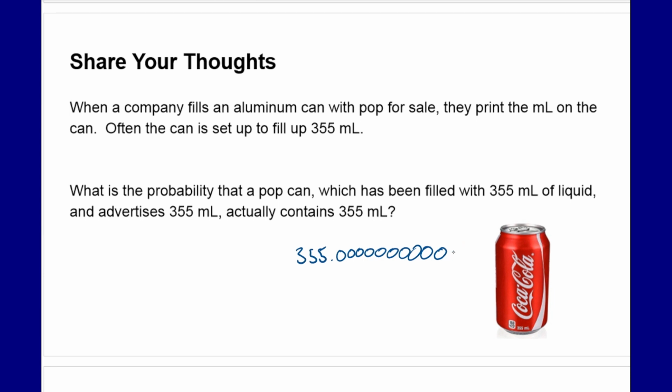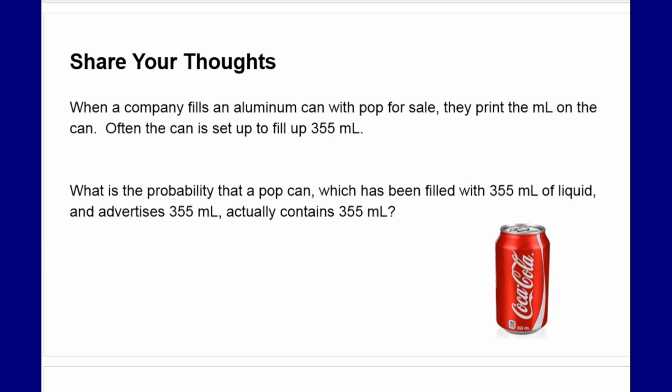Probably very slim, because maybe there's an extra drop that falls in, maybe the machine isn't calibrated correctly. It puts a little bit too little, a little bit too much. How difficult is it to accurately program a machine to dispense the exact same amount every single time? So to get exactly that amount might be very difficult, and the probability might be very low.